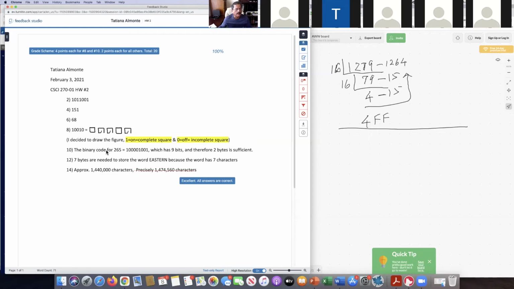Type it and upload it, it'll go through. If you type it and upload it, no matter what software you use to type, it'll go through. Only the handwritten ones fail sometimes. If they fail, they get attached as a document, and then I can grade it. Only problem is you won't see the feedback.